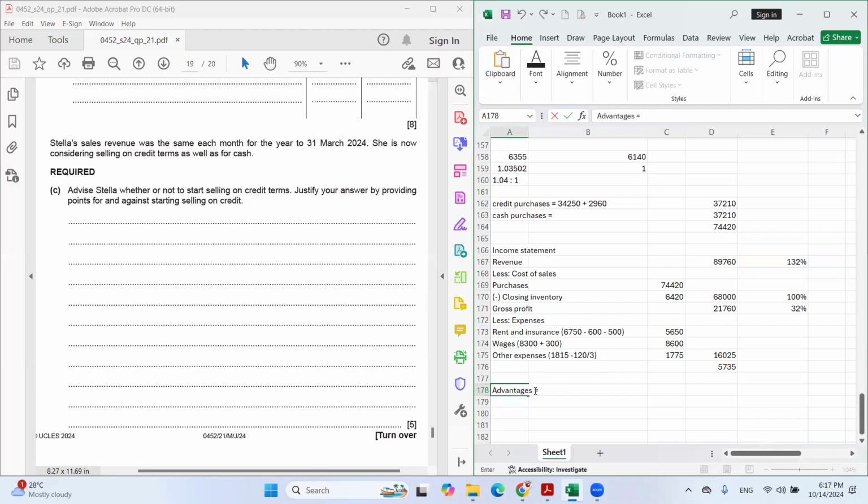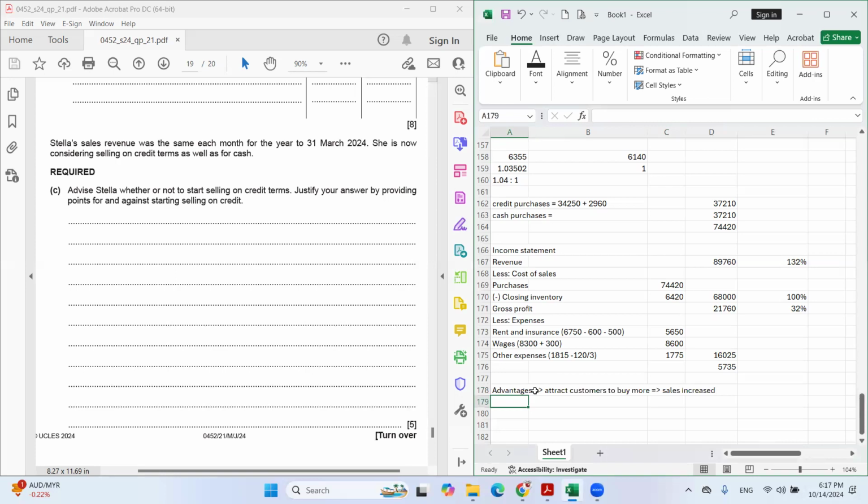The advantage of selling on credit is that this will attract customers to buy more because they can pay later. So sales will increase.